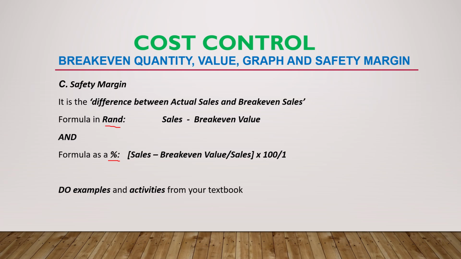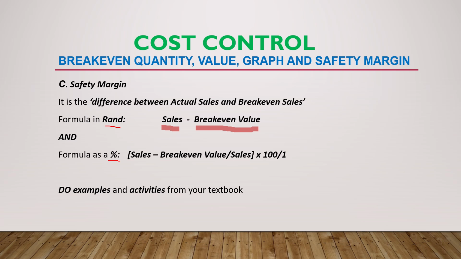We take our sales, we minus the break-even value. Remember the break-even value that we calculated from the previous slide? You just take your sales and minus your break-even value. Whatever is left is your safety margin in rands.